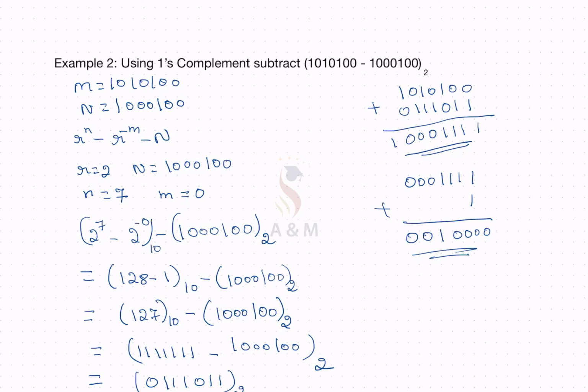Therefore, we get 10000 to the base 2 as the final answer.